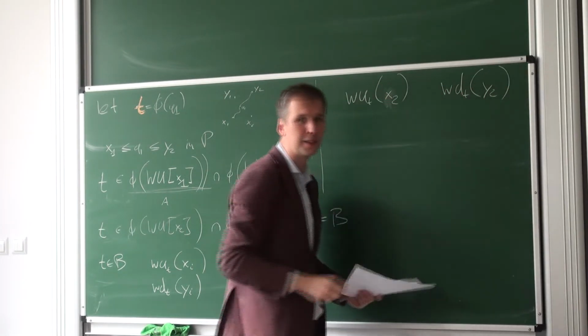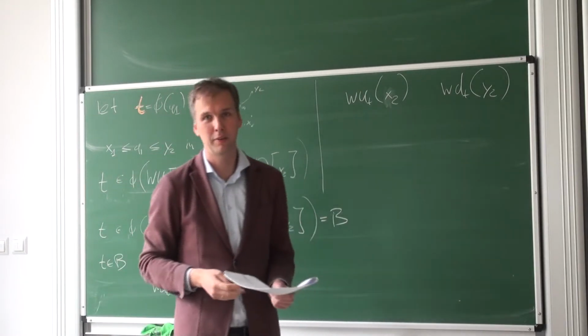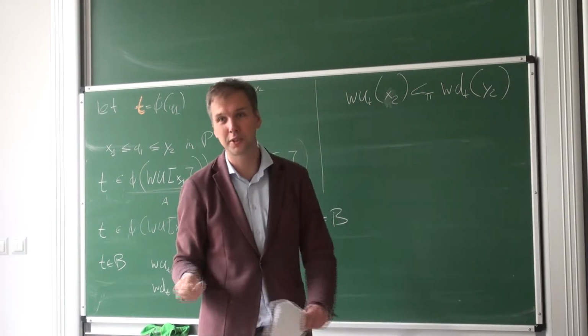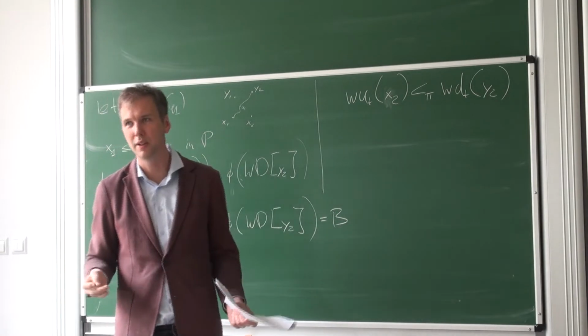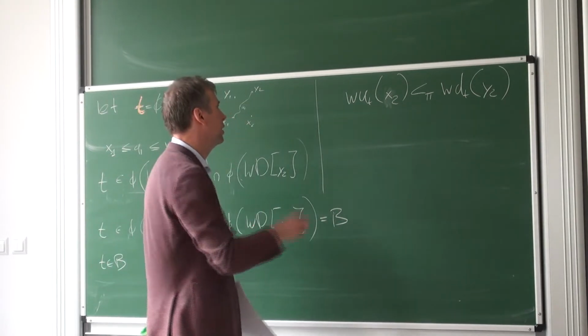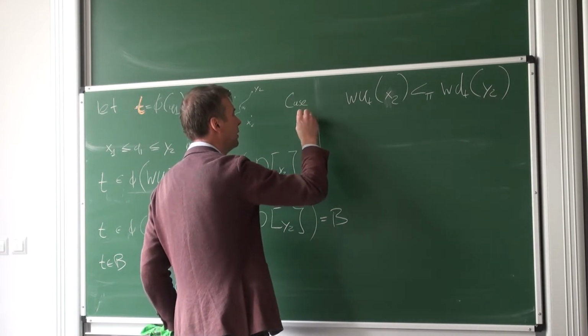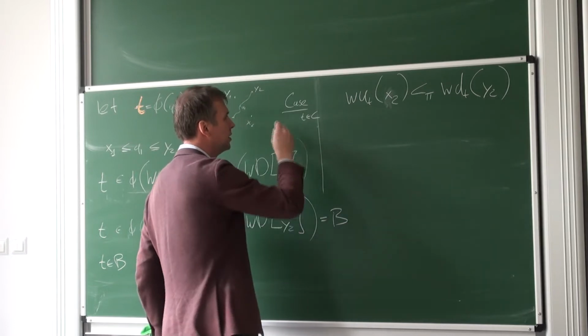Both of them exist, and I don't know how they relate in pi. If they relate this way, then this is equivalent to saying that T is in C. And in the other way, then T is not in C. So let's assume that it is this way. So I could also say that T is in C, yes?